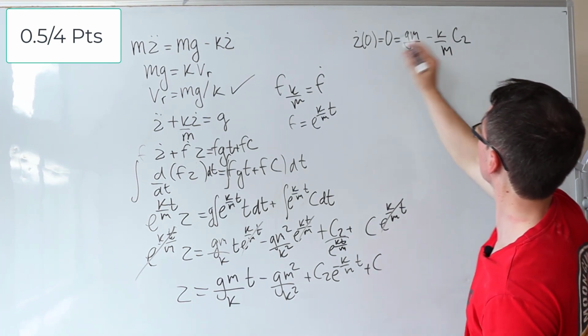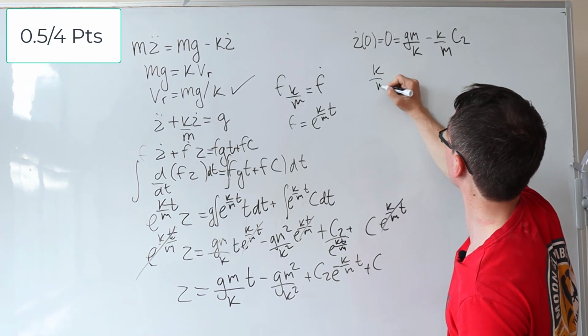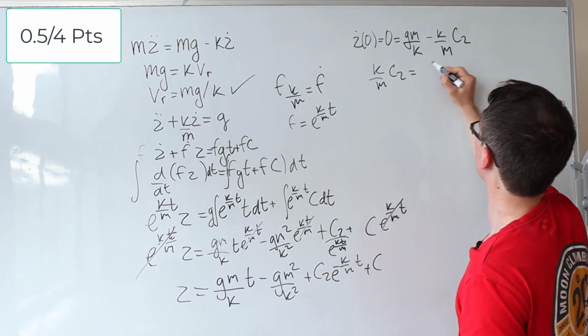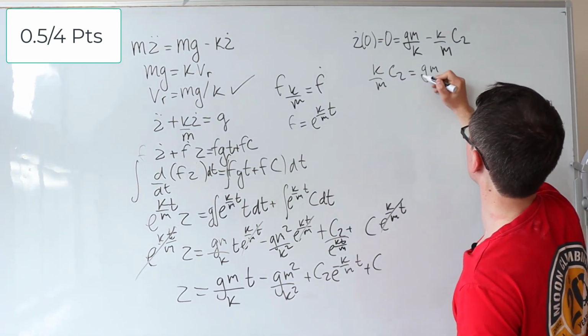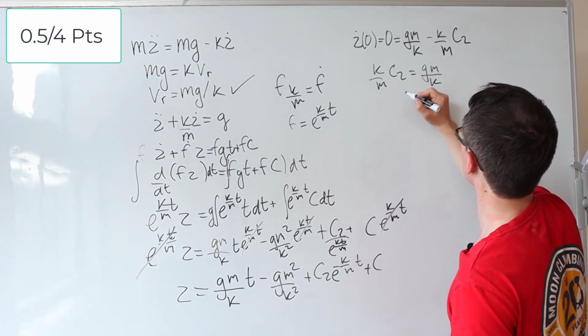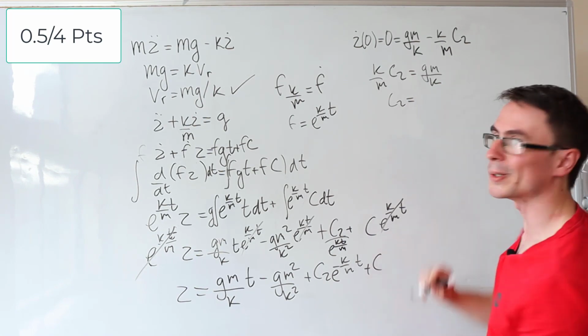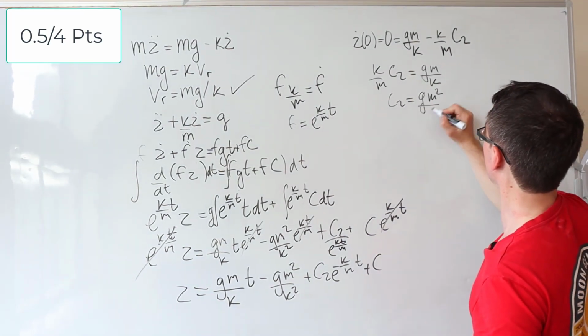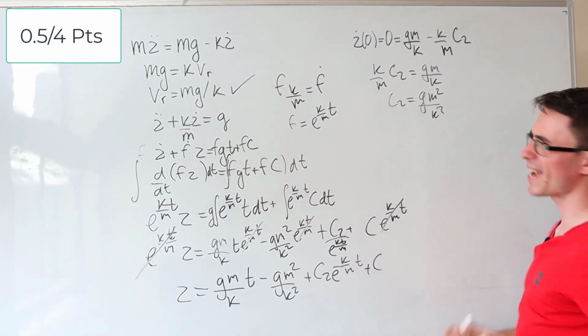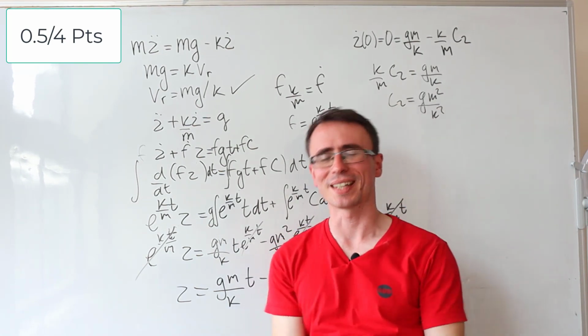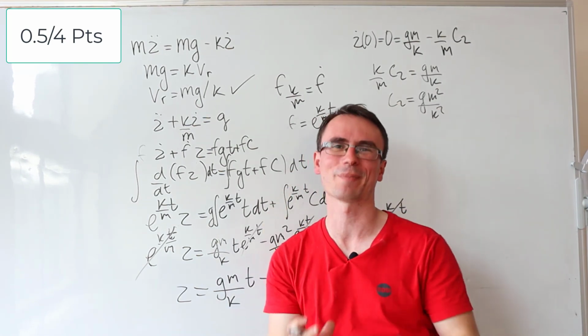Well, this simply means that k over m c2 is equal to gm over k, meaning that c2 should be equal to, oh, that rhymes, g m squared divided by k squared, and we have our first constant. That is a lot of work for 1 mark.